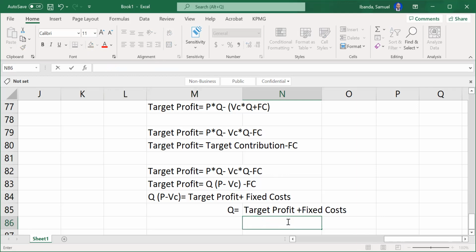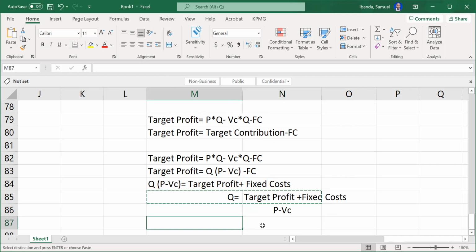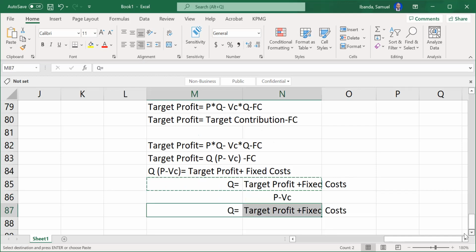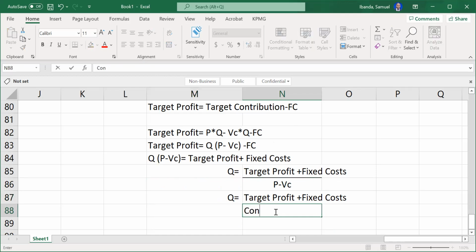Let me put this P minus VC before I proceed. So you can have something like that, and this could be modified again, where there's P minus VC, you can go on to call this contribution per unit.